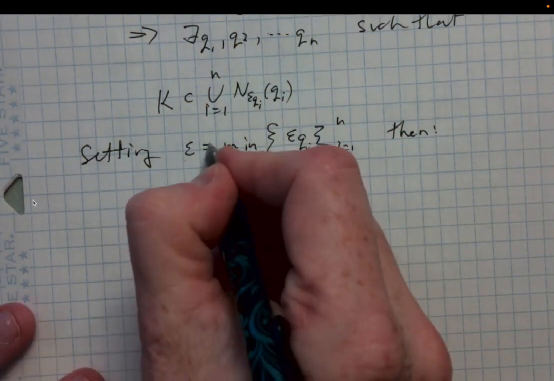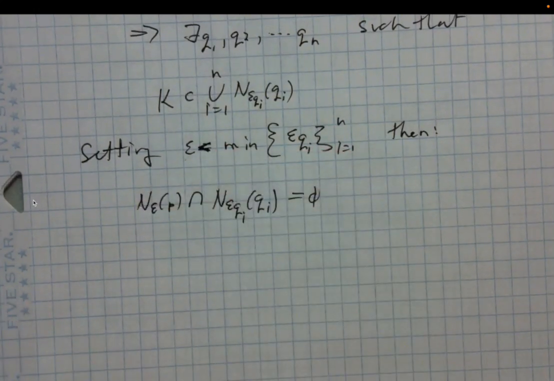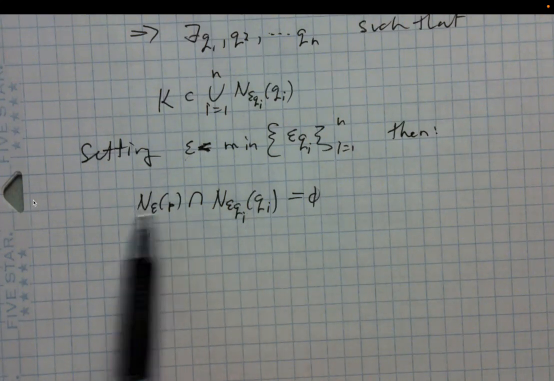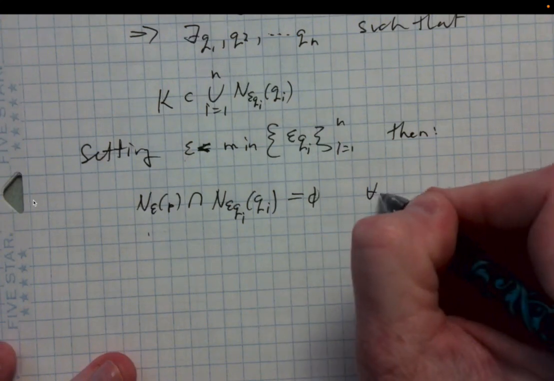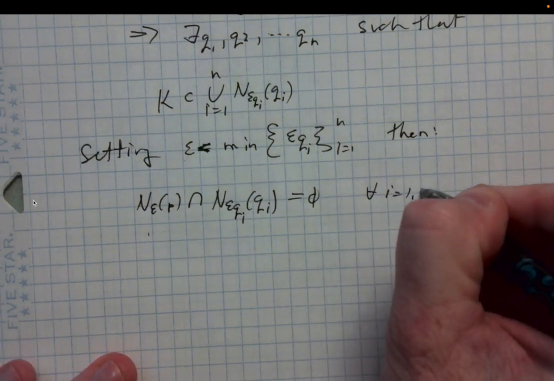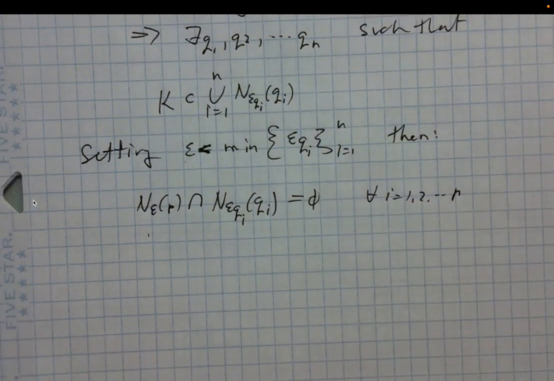I'm going to set epsilon less than the minimum. And what that means then is that this intersection is empty, and this is true for all i, for all n of these.